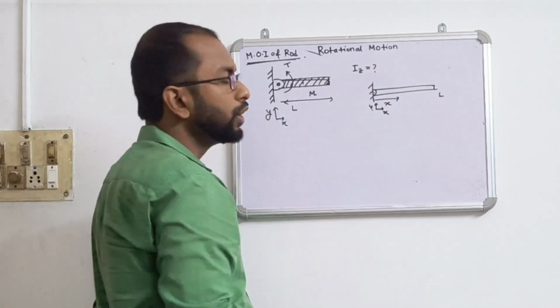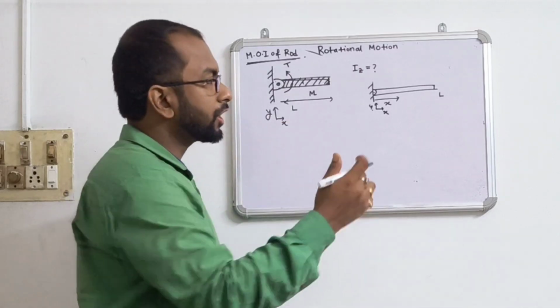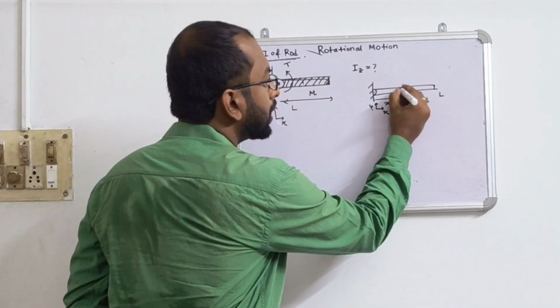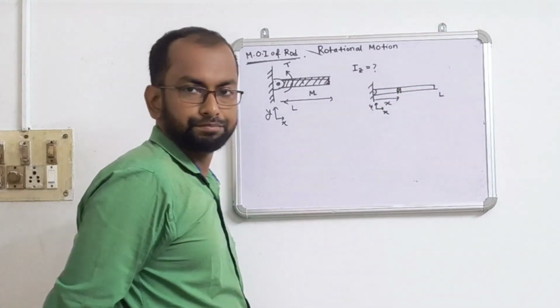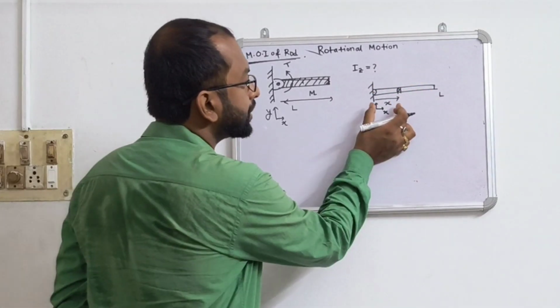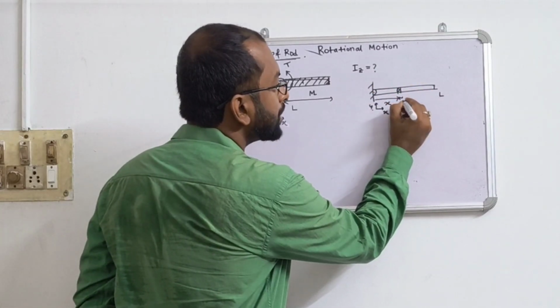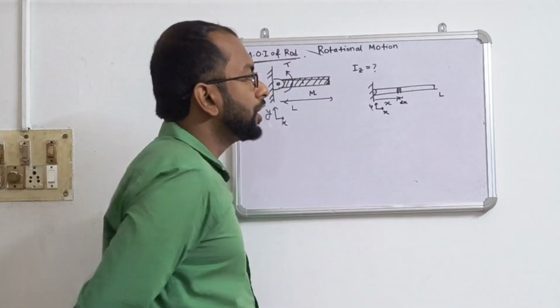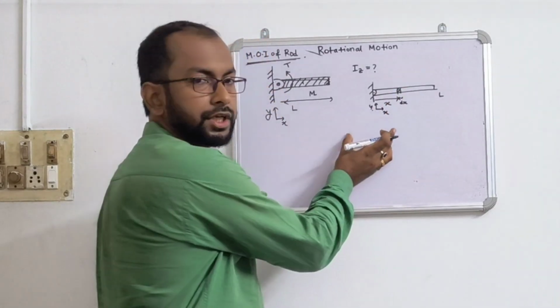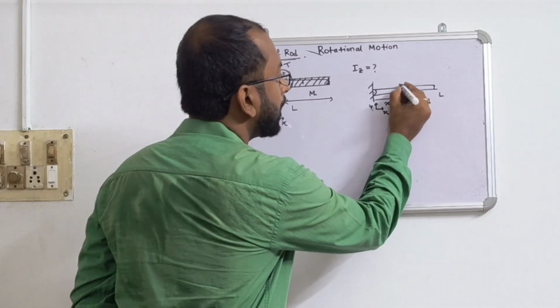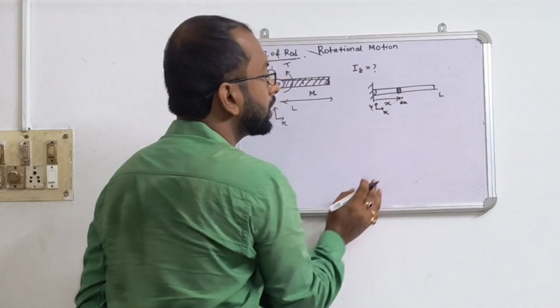So what do you have to do? You have to take that small mass, multiply by the distance square respectively, and take the summation. So at x distance, imagine a small length of dx. That mass is located at x distance from the center of rotation. So what is the mass of this small part, dx length?